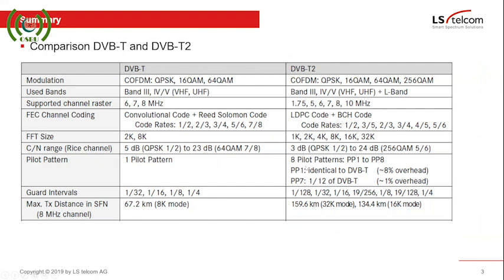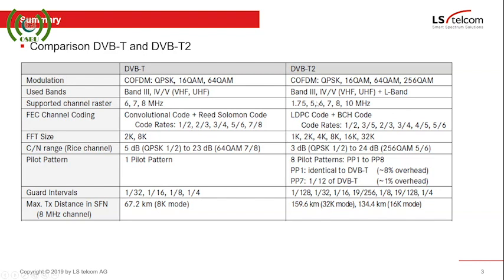Okay, so then also just looking at T1 and T2, one can just see that if you look at the modulation, yes, both is COFDM for the QPSK and the 16 QAM, but you can go up to 256 QAM with T2, which gives you definitely more capacity together with the other parameters. Then it can be implemented in band 3, band 4, band 5, and here it can also be implemented in the L band.